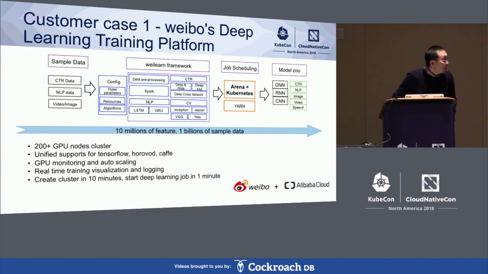So far, they can train with 10 million features and 1 billion sample data a day. Their training cluster already manages over 200 GPU nodes, and with the help of Arena, they can create such a GPU cluster within 10 minutes and kick off large-scale deep learning jobs in 1 minute.